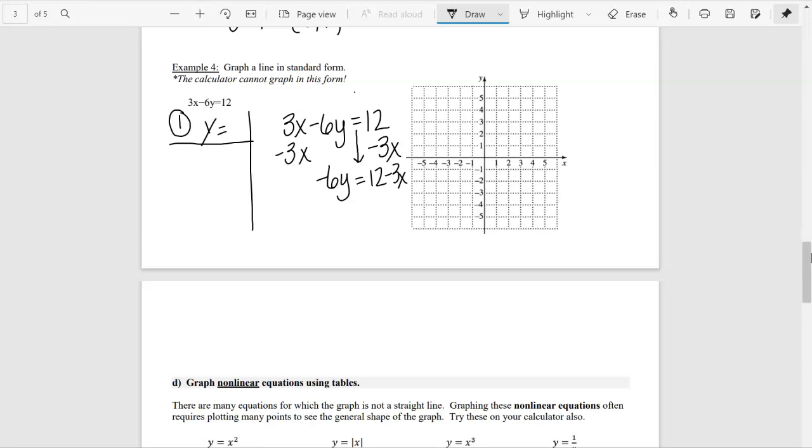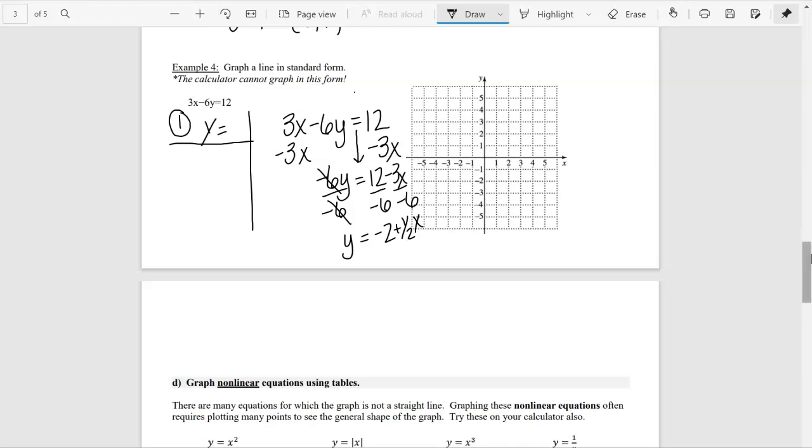I need to get rid of this negative 6 in front of the y, so I'm going to divide by negative 6. But I have to divide everything by negative 6. These are going to cancel out because negative 6 divided by negative 6 is 1. 12 divided by negative 6 is negative 2. And negative 3 divided by negative 6 is a positive 1/2 times our x, which we still have there.